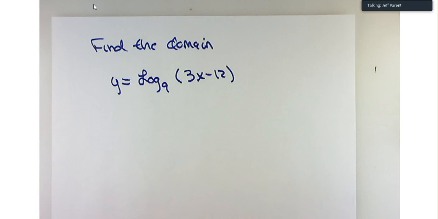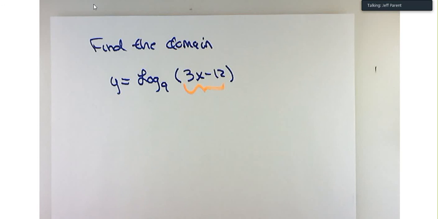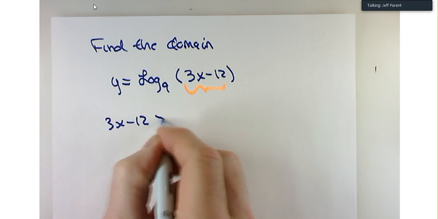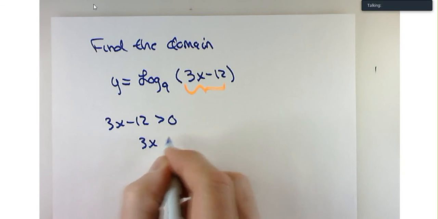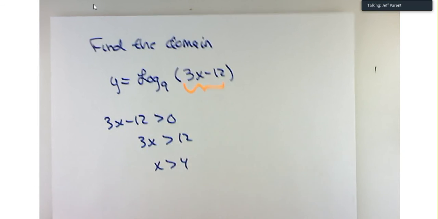The thing that you have to worry about is you want this to be positive. So I would start with 3x minus 12 is greater than 0. 3x is greater than positive 12. X is greater than 4 again.